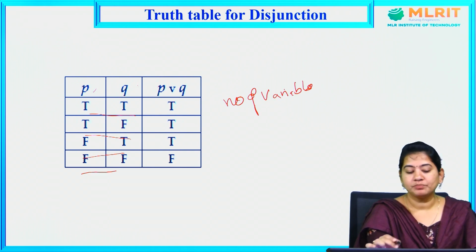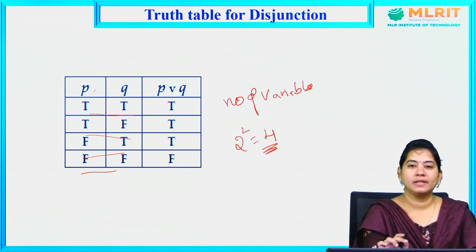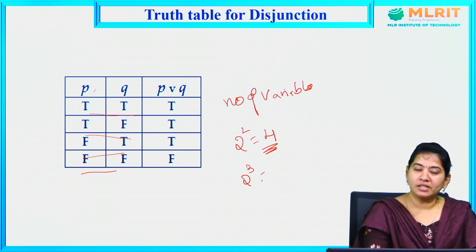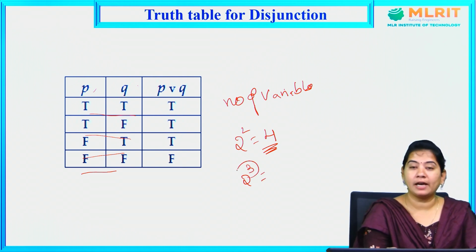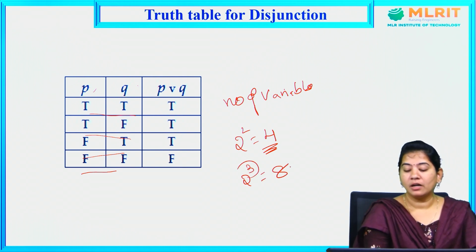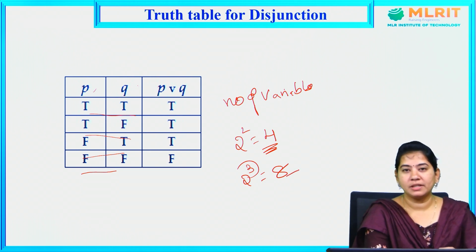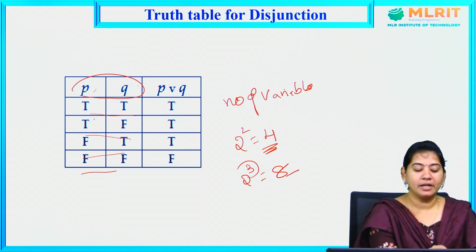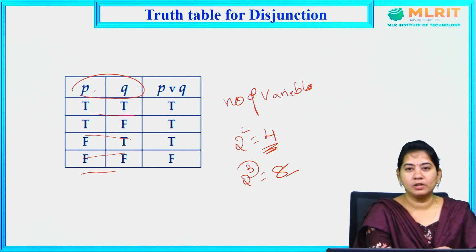As we have two statements, 2 power 2 is equal to total 4 possible combinations. Suppose you have three statements, three variables, then you will get total 8 possible combinations. As we have considered two variables, the possible combinations are true, true, true, false, false, true and false, false.